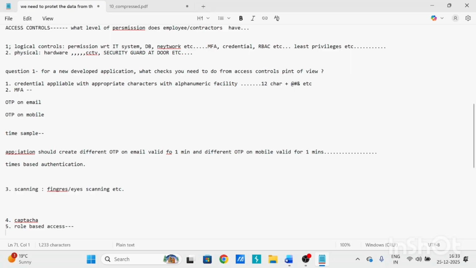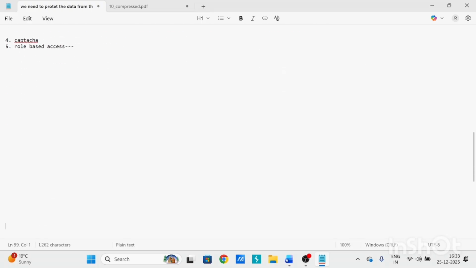Role-based access basically deals with the authorization part. Along with the word authorization, there is also a word called authentication.